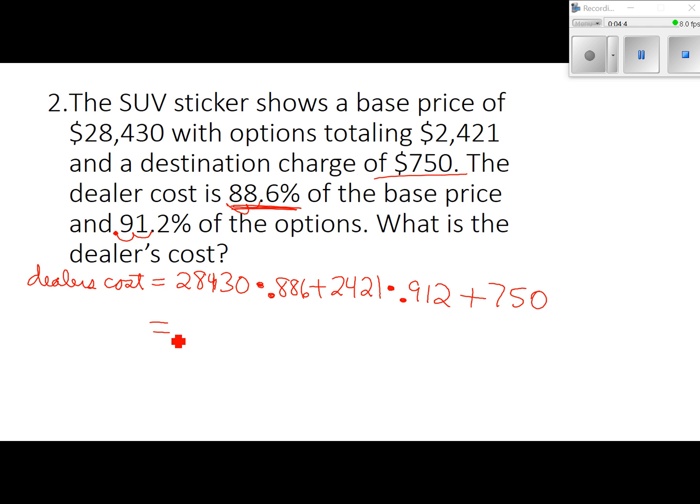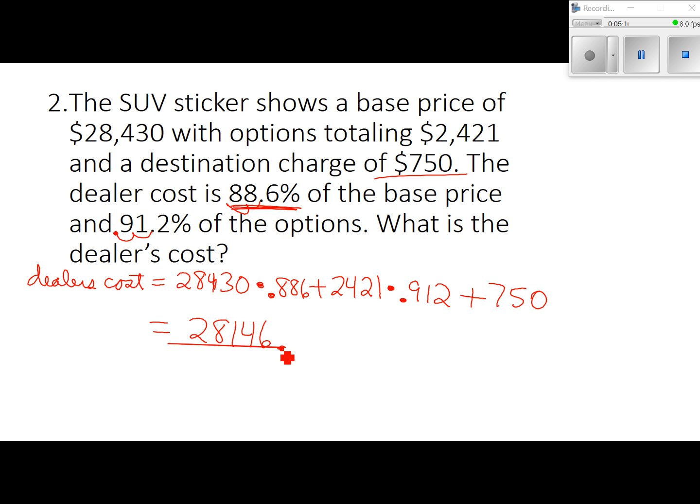So if I plug all that into my calculator, I plug in 28430 times 0.886 plus 2421 times 0.912 plus the destination charge, $750, and I get 28146, and I'm going to round this off because we're dealing with money.